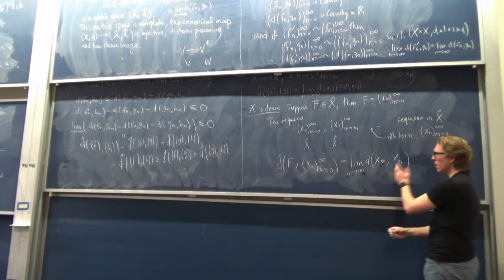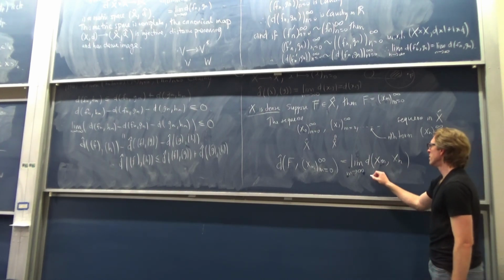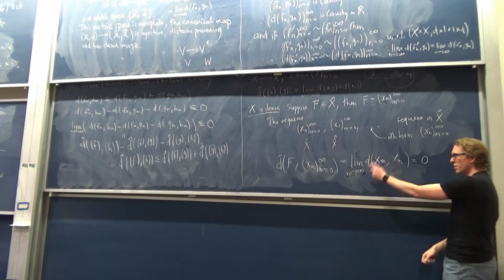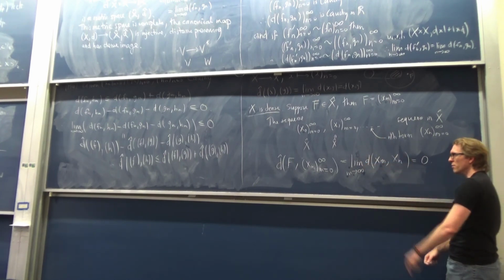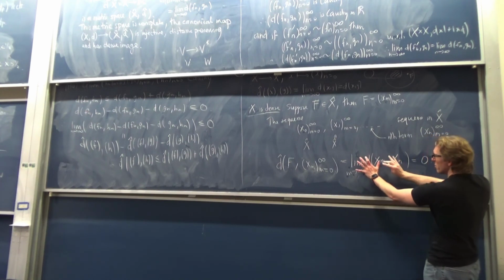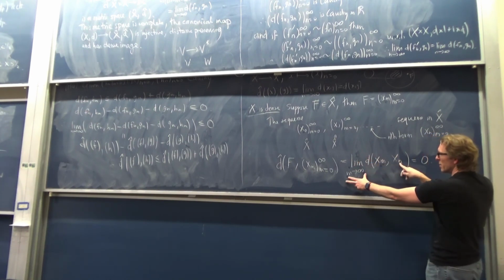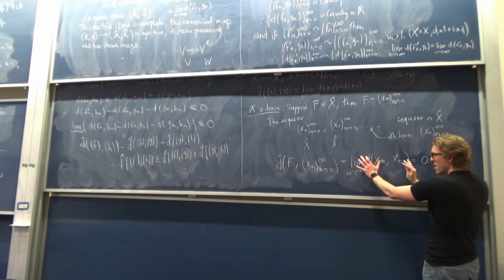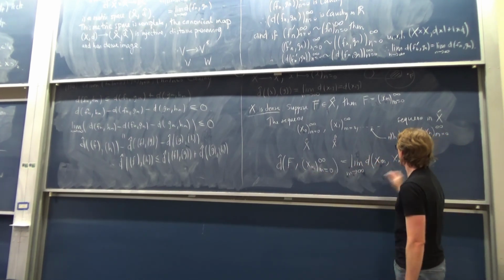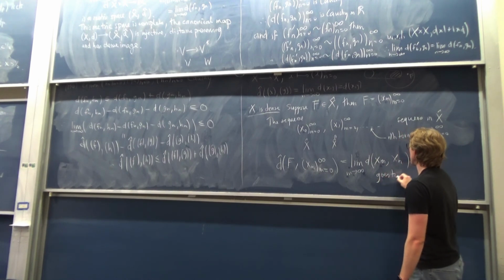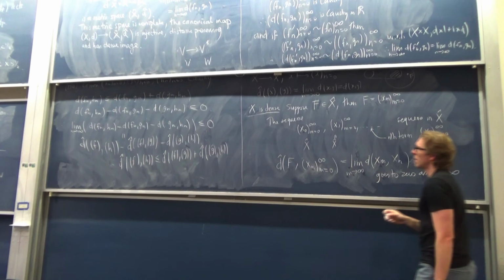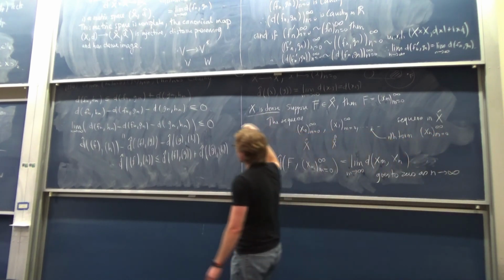So we just spell that out. The fact that this is a Cauchy sequence says precisely that this converges to 0 as m and n go to infinity. That number, which only depends on n, because I'm taking this limit, as a function of n goes to 0 as n goes to infinity. Okay, so that proves that x is dense.